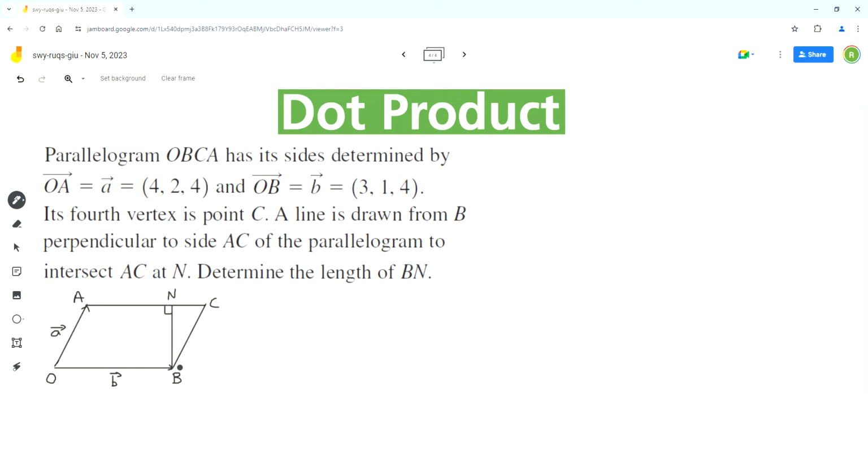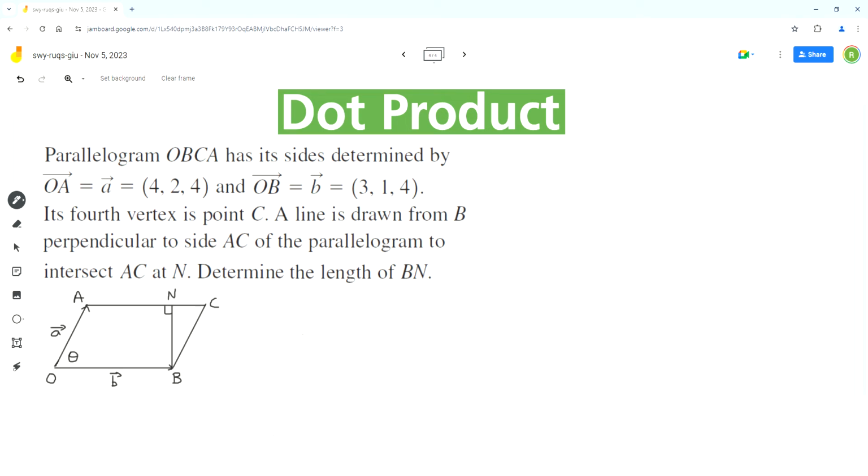The first step here is to find the angle O, the angle between vectors A and B. So let's assume this is angle theta. So we can use the dot product equation for vectors A and B to find angle theta.